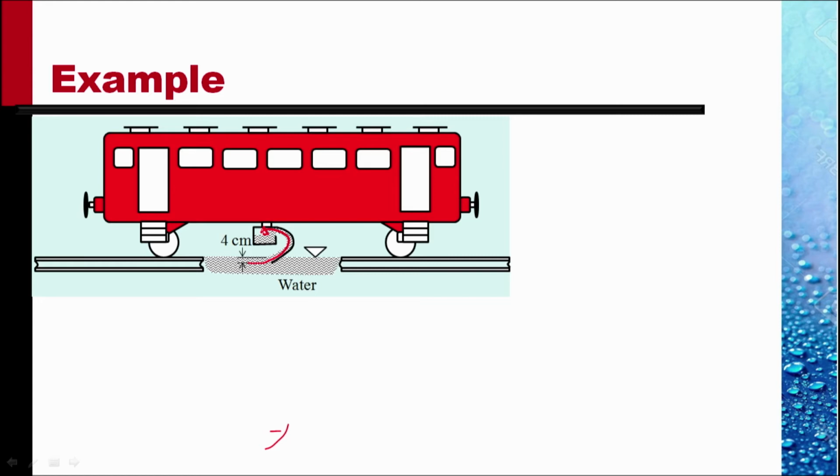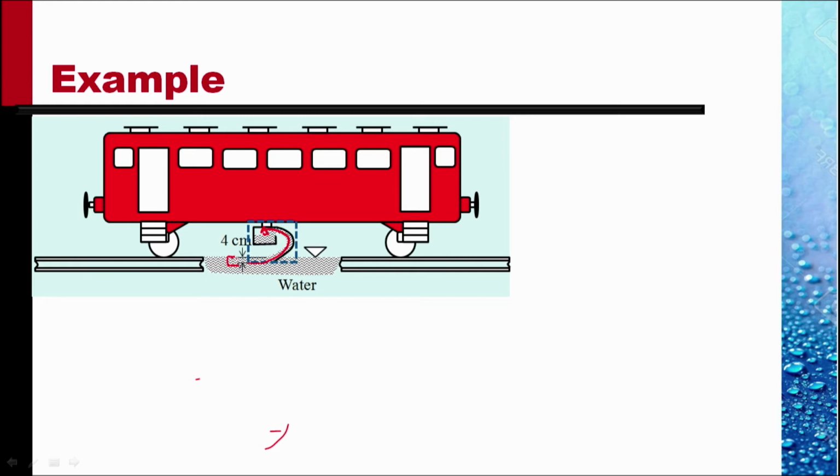We choose a control volume like this. In this control volume, there is influx only at one location, this location. If we take unit depth of the scoop, then the area of the inlet is 4 centimeter into a unit depth, 1 meter.